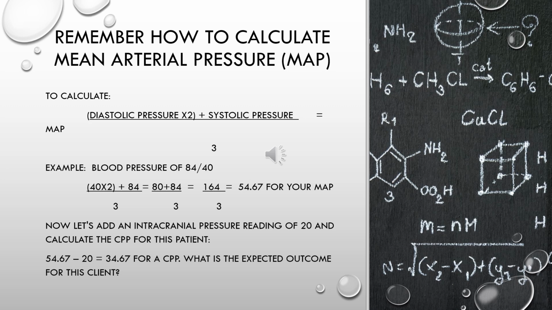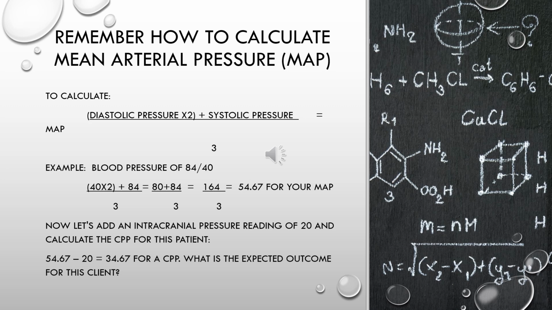So I've given you an example here. If your blood pressure was 84/40, you would take 40 times 2, that's your diastolic pressure, times 2, plus your 84. If you follow the math over, that gives you a total of 164 divided by 3. So it gives us a mean arterial pressure of 54.67.